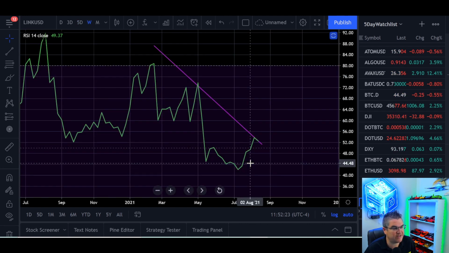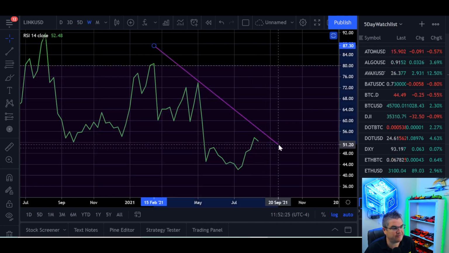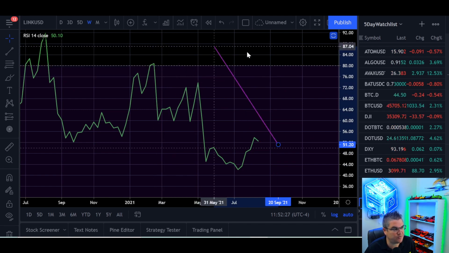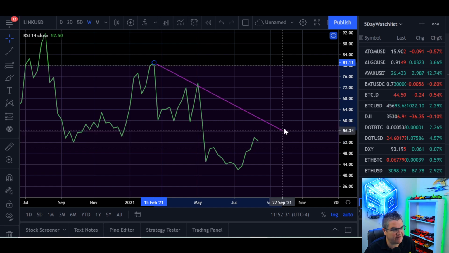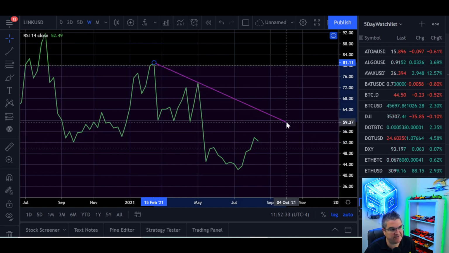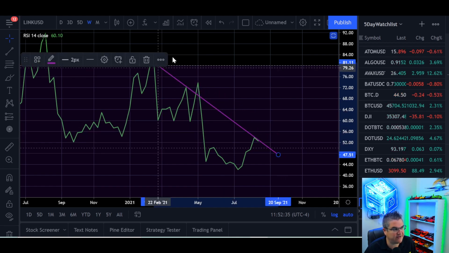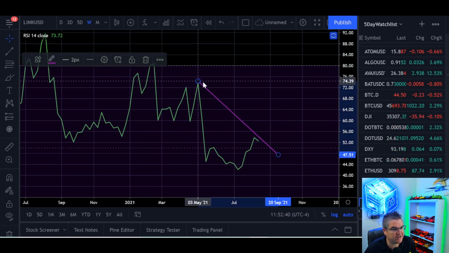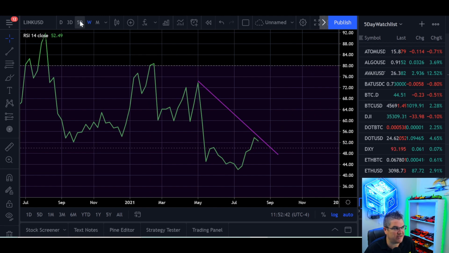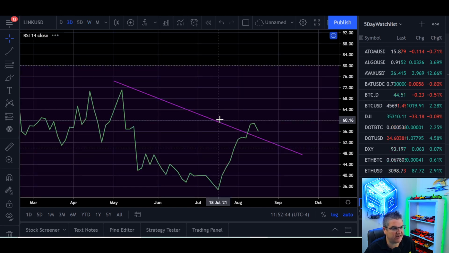So if we change it to the weekly, we only have maybe basically 2 touch points we could probably get. At this point, you have this one, and you have that one. So not a very strong trend line, right? And then you could also draw down here. So trend lines are subjective, as I always say. But I like 3 touch points before you can really draw one. So weekly doesn't really help us much. How about the 3-day?